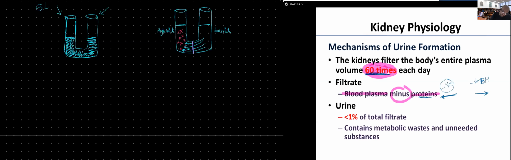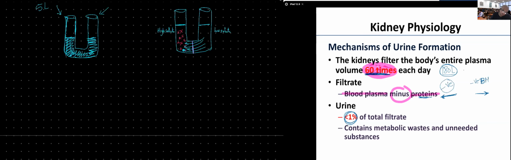Compared to the urine, urine is representing less than 1% of the total filtrate. Remember those 180 liters that you filter per day? You're not releasing any number close to this as urine.